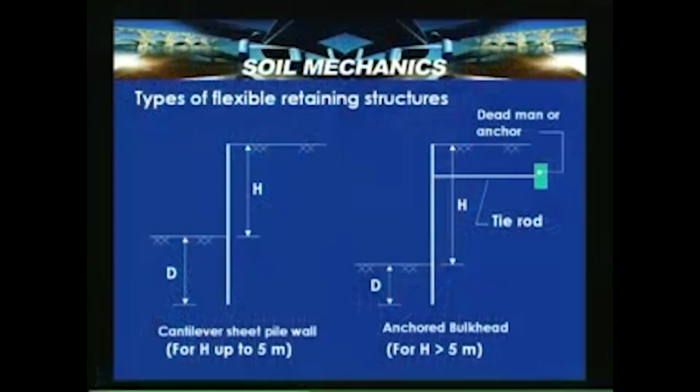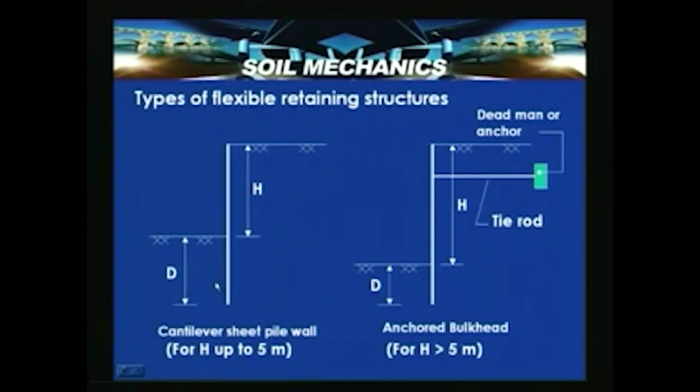So basically there are two types: one is the cantilever sheet pile wall and the other is called the anchored sheet pile wall or anchored bulkhead. A cantilever sheet pile wall is a section, as shown here, driven into the ground, where H is the retaining height and D is the embedded depth, and this line is called the dredge level.